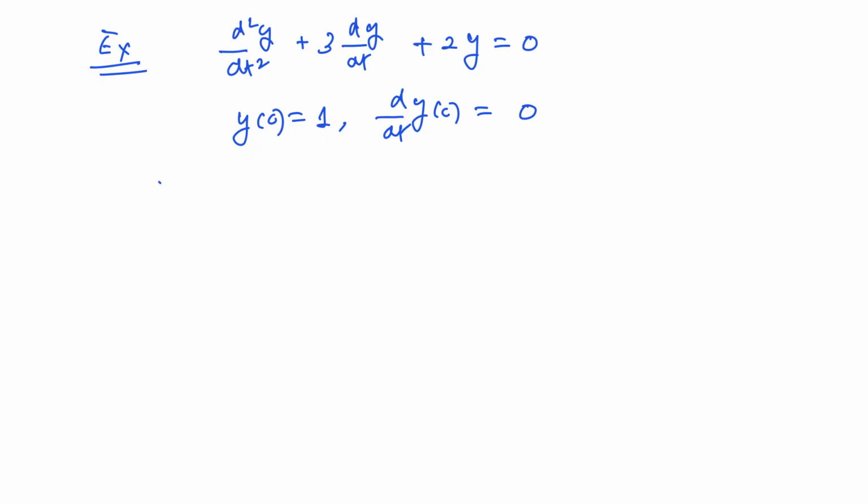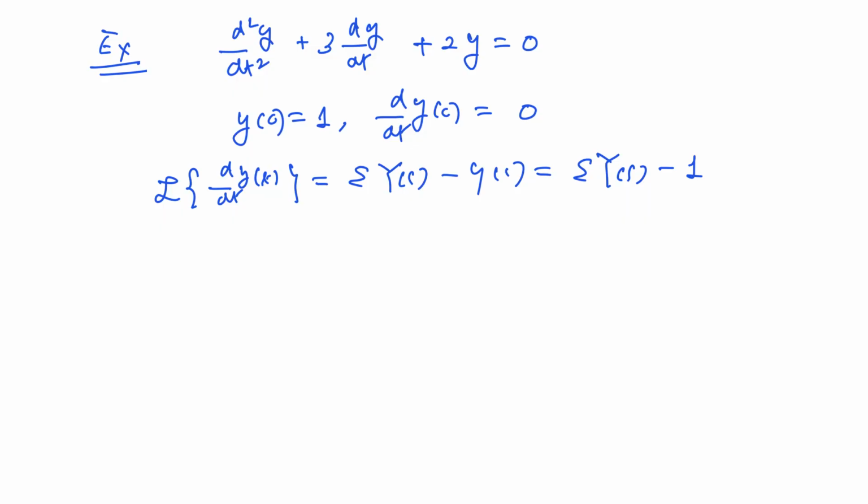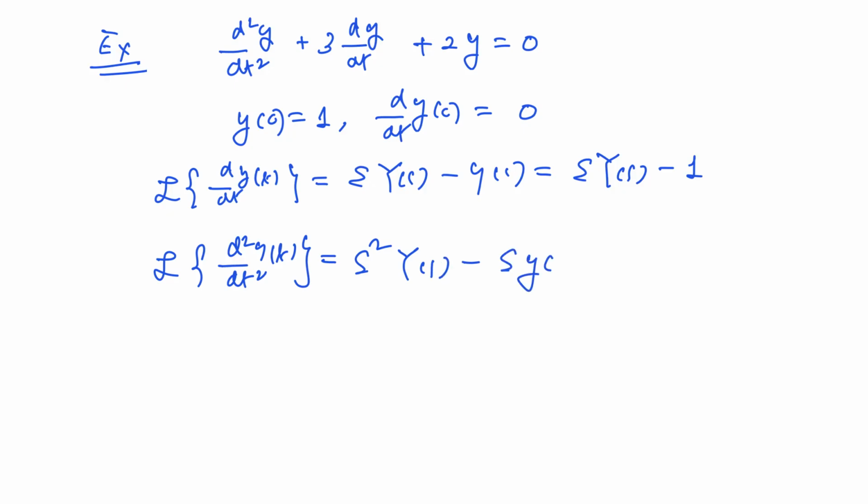So the Laplace transformation of dt dy of t is what? s of y of s minus y of 0, which is s of y of s minus 1, right? How about dt squared y of t? s squared y of s minus s y of 0 minus dt dy of 0 is s squared y of s minus s, right?